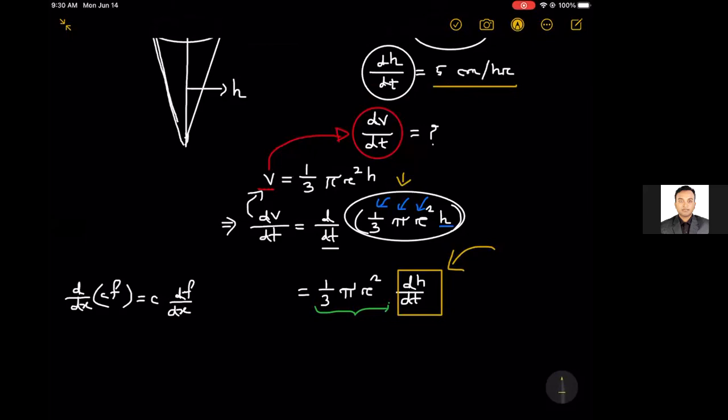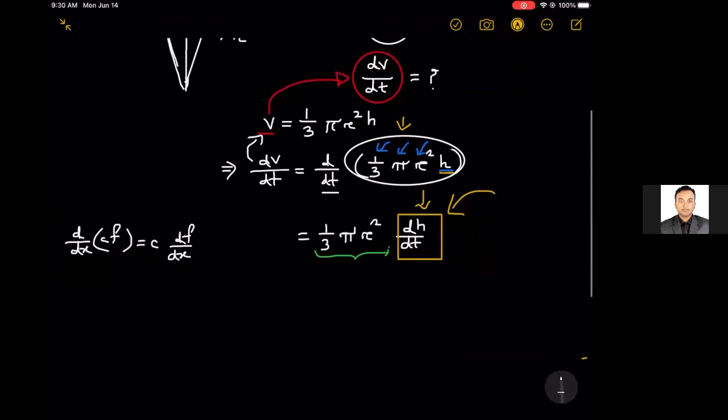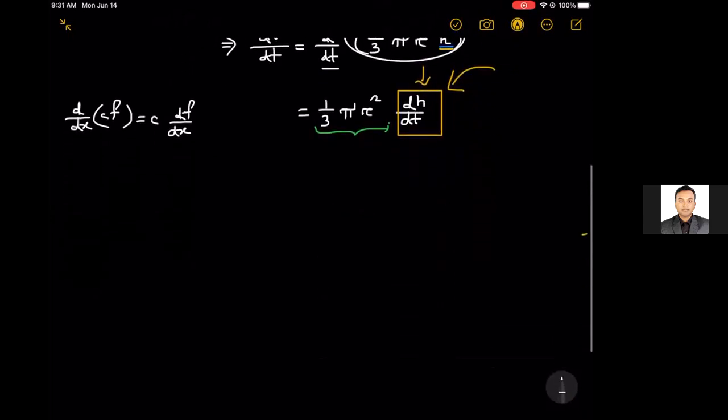So if all of these are fixed, or in other words, all of these are constants, I can keep these outside and find the derivative of only that thing which is changing, and that's h, right? So the derivative of h in terms of t is dh/dt. Do you agree? And then we can just plug in the values. 1/3 pi will be kept as it is.